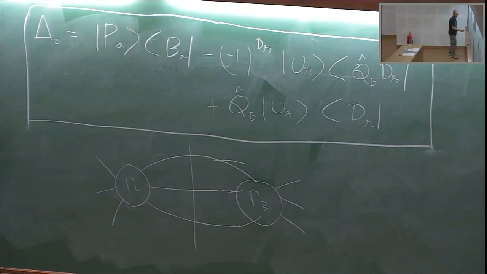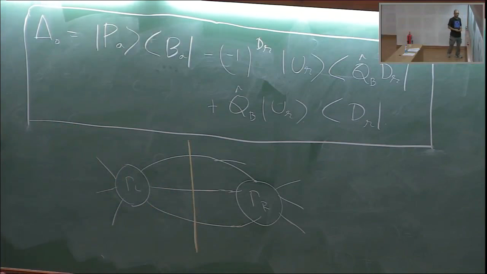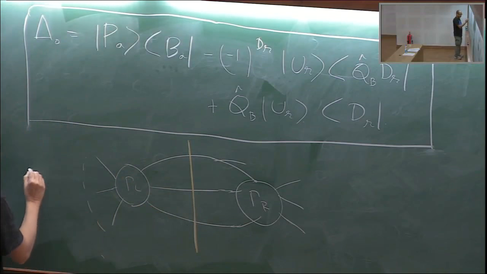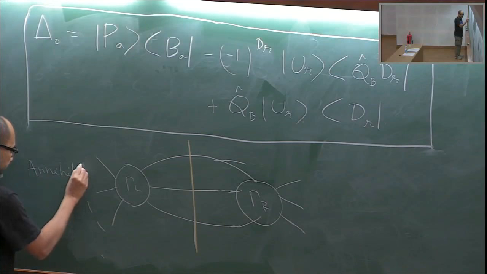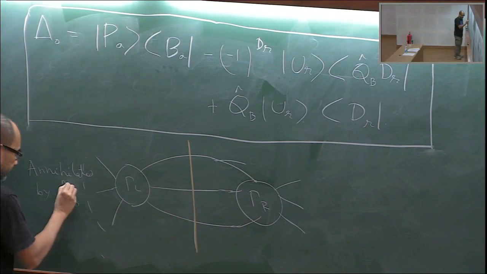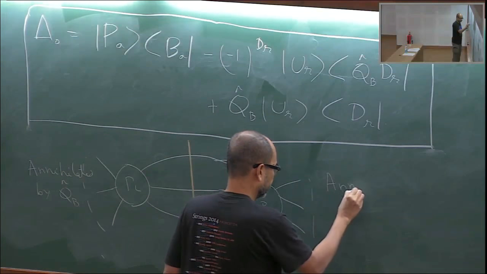Let me draw the cut by some red line. These are all physical states. These are annihilated by QB hat. Similarly, these are all annihilated by QB hat.